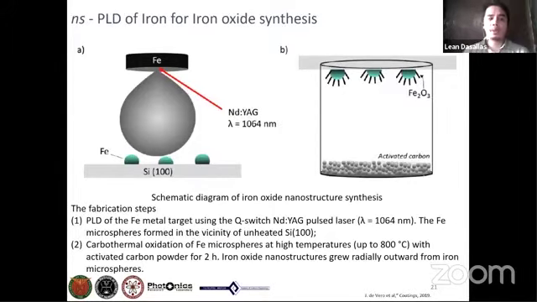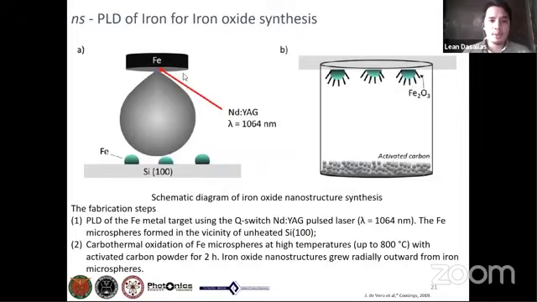So in this work, we are able to produce iron oxide nanowires using pulse laser deposition. But the production of the nanowires straight from PLD is quite complicated, or rather challenging. That's why we have to do what we call carbothermal oxidation of the iron oxide deposit.